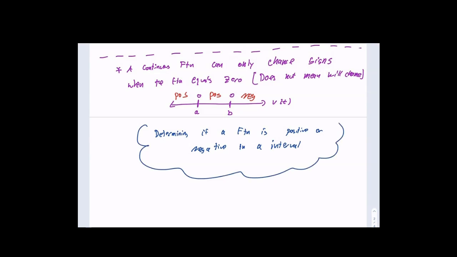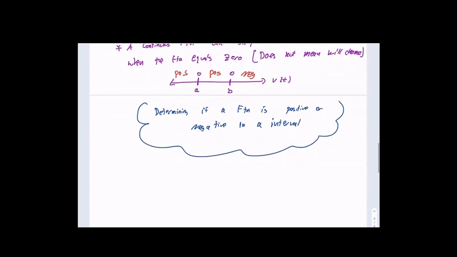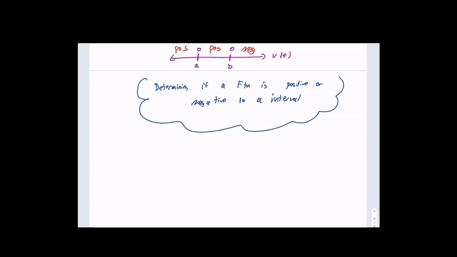Determine if a function is positive or negative in an interval. Step 1. Determine when the function, instead of saying a function, we're going to go straight up with velocity.